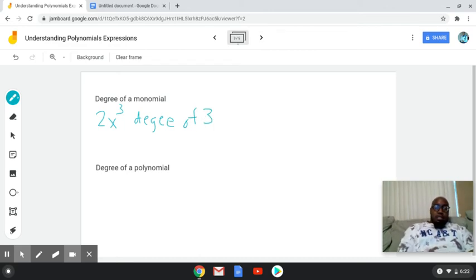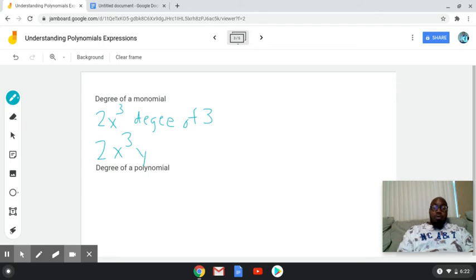Well, let's say we had 2x to the 3rd y. This is still a monomial because you don't have anything being separated by an addition or subtraction sign. The variable x has a degree of 3, and the variable y also has a degree.